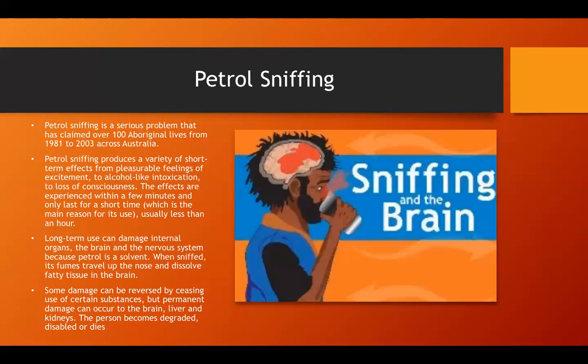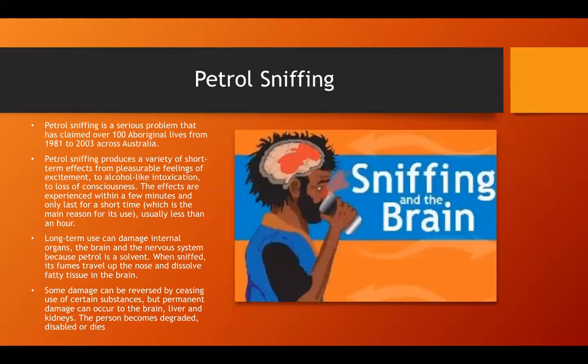Okay, so we'll just have a quick look at long-term effects, which is something that is pretty scary. Long-term effects can damage internal organs, the brain and the nervous system, because petrol is a solvent. When sniffed, its fumes travel up the nose and dissolve fatty tissue in the brain. As I mentioned earlier, the easiest way to explain it is that it melts the brain away.